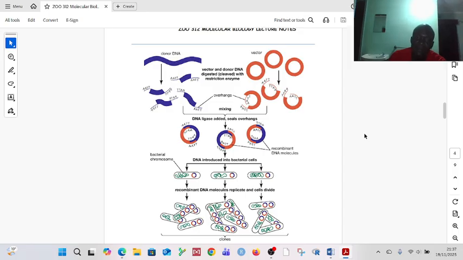That's why you end up with many copies of the same recombinant DNA, because the transformed host cell has been allowed to undergo replication and expression. At that particular point, the entire process of recombinant DNA technology is complete.